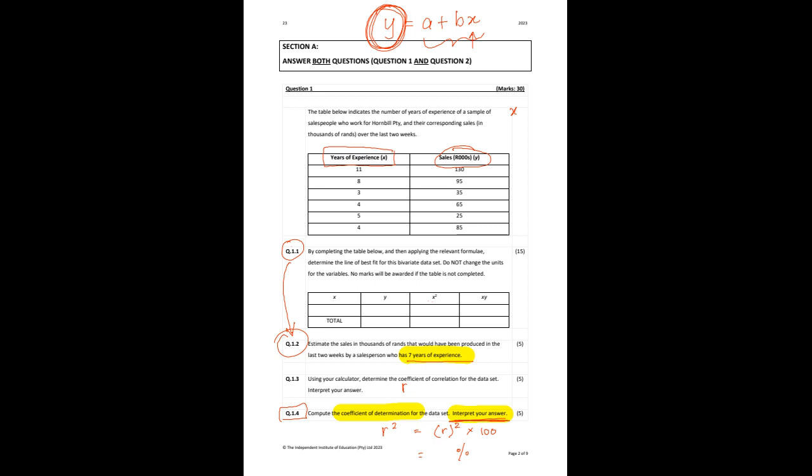But we want to know to what extent that happens. So here, your coefficient of determination is telling you the extent to which a change in X brings about a change in Y. So that's question 1.